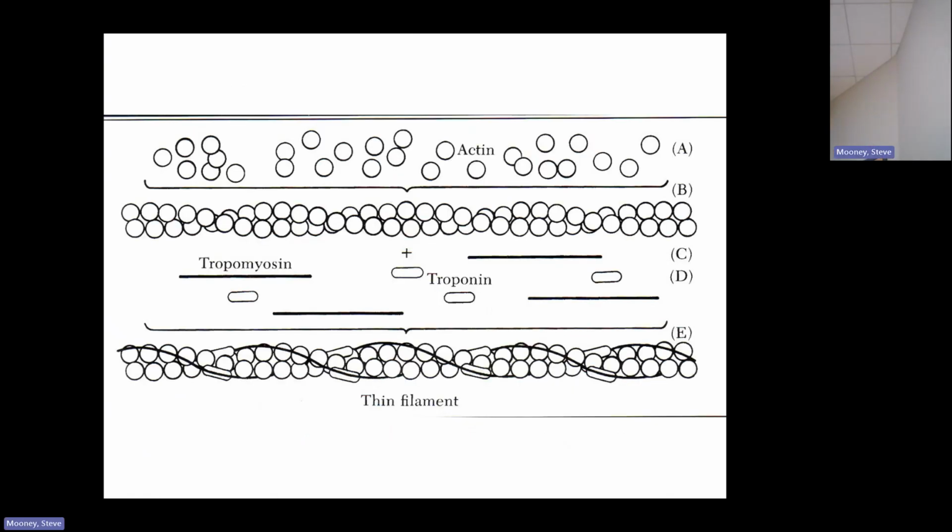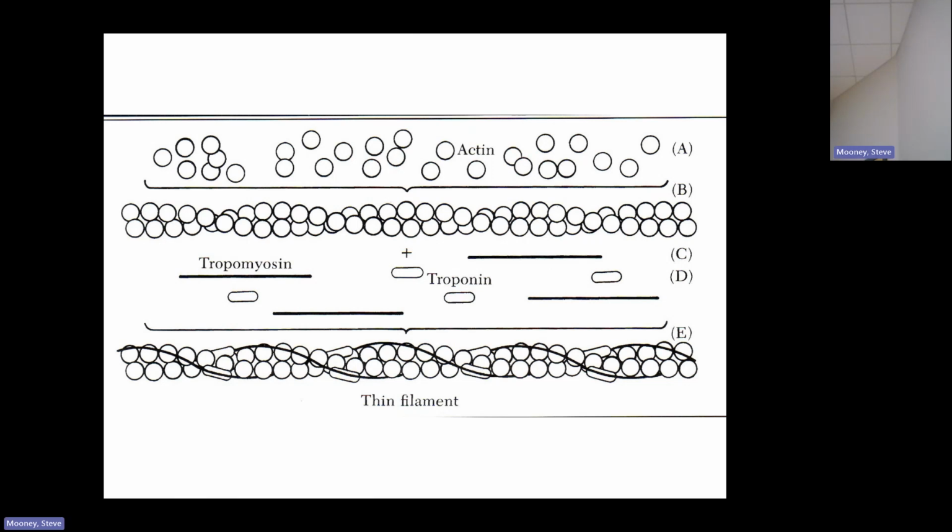What we also have to do, we've got our tertiary structure. We're building our quaternary structure. We need tropomyosin represented by the long lines and troponin as well to finish up the helix that's going to allow for movement.